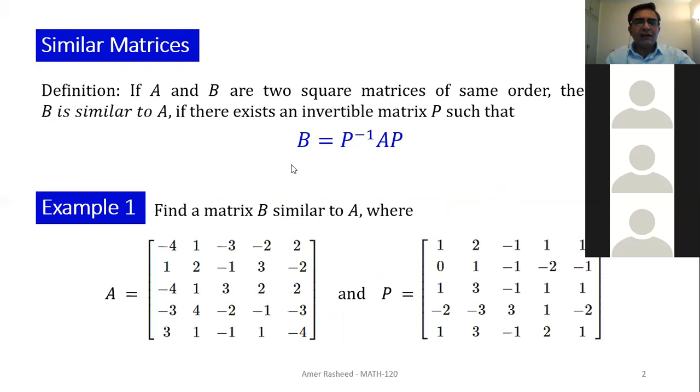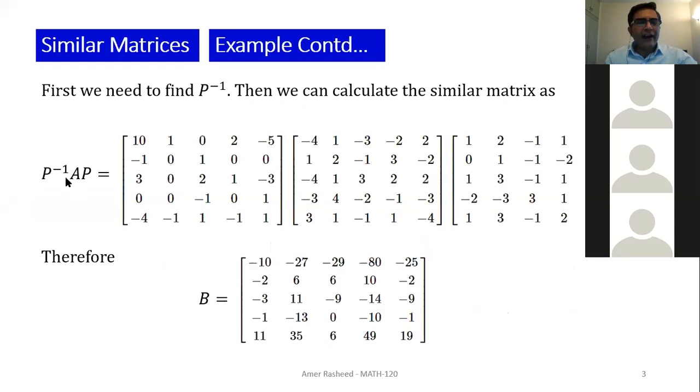For now, we are discussing how to find the similar matrix B if A and P are given. If P is given, first we need to find P inverse. I hope you can find P inverse by using the techniques we have discussed earlier. After finding P inverse, we multiply all these matrices.